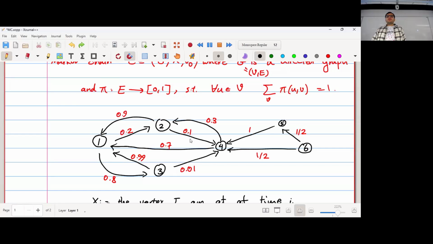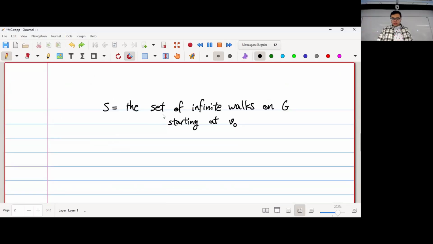But I can also think of this as the probability of the set of all infinite walks that start with this finite walk. Intuitively, I'm first taking this finite walk, and I know that its probability is 0.02. And then after that, I can extend my walk in any way. But if I consider the set of all infinite walks that can be obtained like this, their probability should be 0.02.